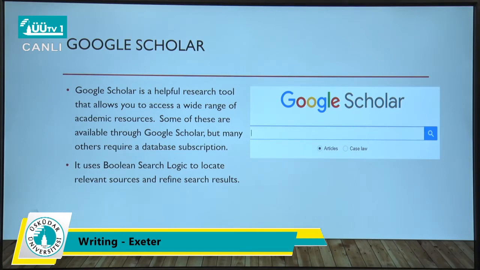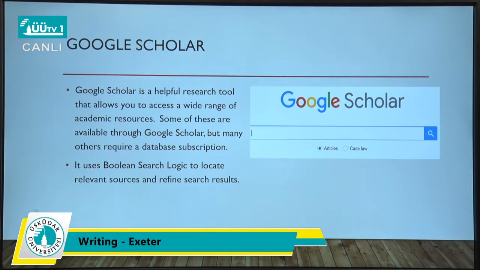You can use them easily, but some of them you need to subscribe to. You need to register, then you can use them. Of course, most of them you can use without registering. And again, Google Scholar uses Boolean search logic. We talked about Boolean logic before. So they use Boolean logic in order to locate relevant sources and refine their searches.